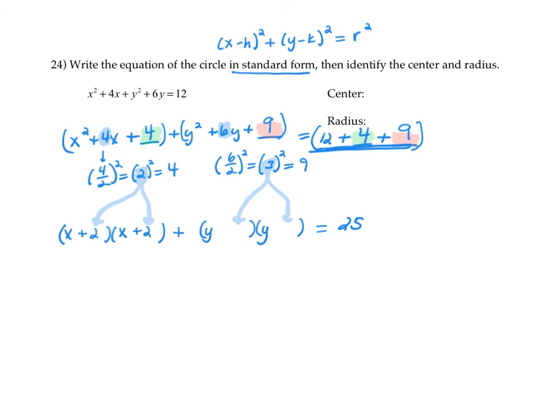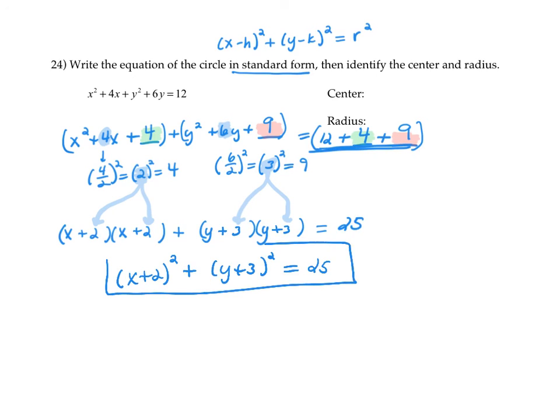And it's a positive 3, so we're going to write plus 3, plus 3. Now we almost have this in standard form. You have to condense your parentheses, so you have (x plus 2) squared plus (y plus 3) squared equals 25.